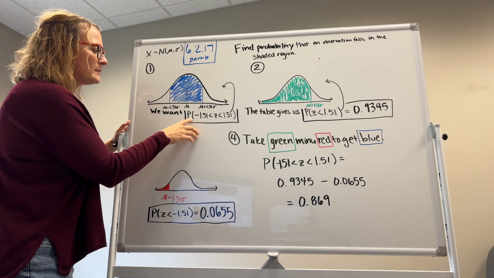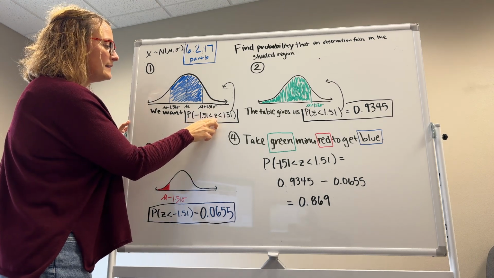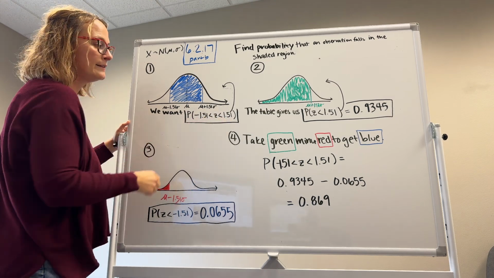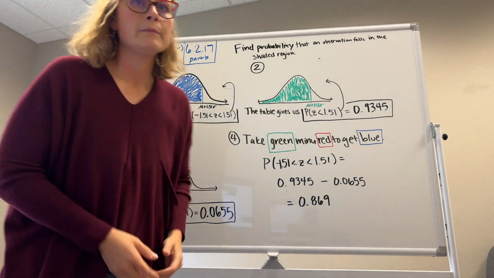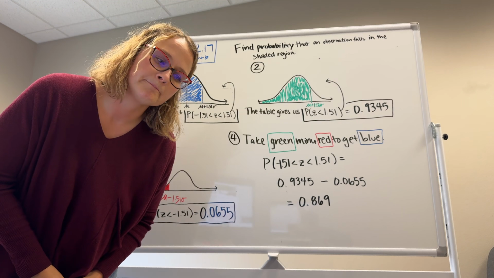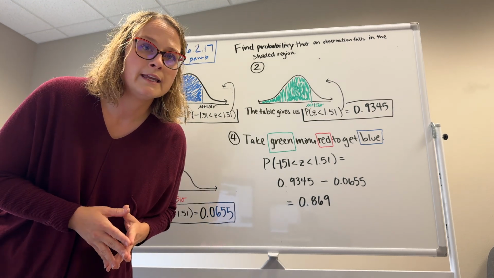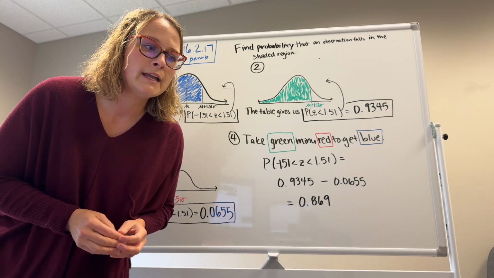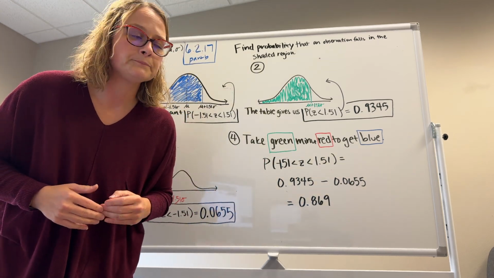And so what we want to do, I'm just going to write this in another way, we want to find the probability that we have this z-score between negative 1 and 51/100ths and positive 1 and 51/100ths. And so in this problem, I'm going to use the z-tables, and the only thing that we can do as far as finding things out from the z-table is finding area to the left of a particular z-score.